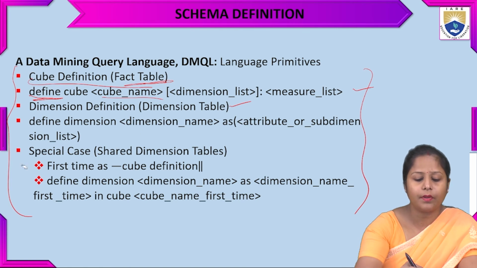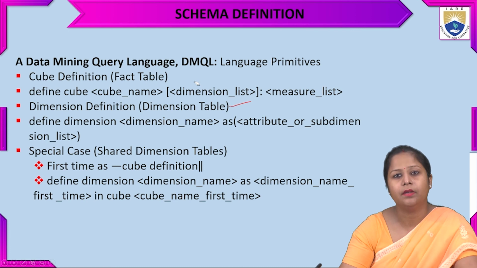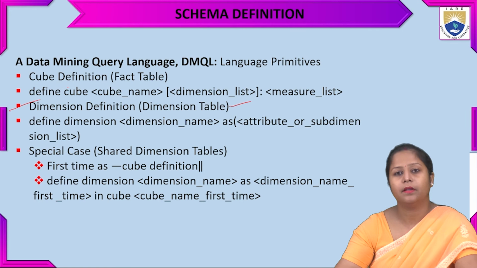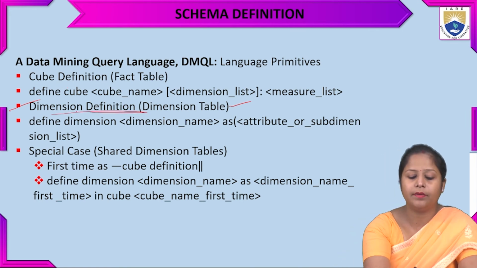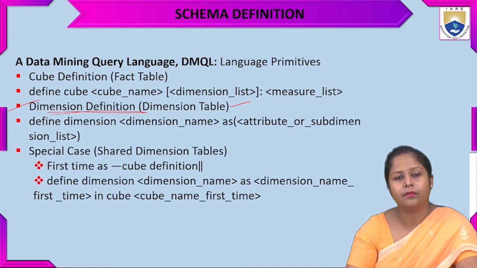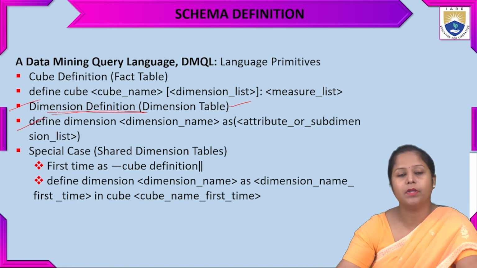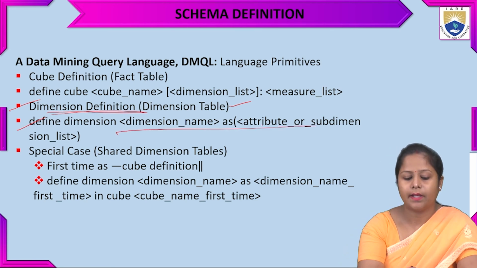For each of the dimensions, for each of the fact tables, we need to write the query. That is the function we are calling the dimension definition. So we need to write that. We will call the dimension definition for the dimension table, and again define the dimension table syntax, right? Like this until the end.